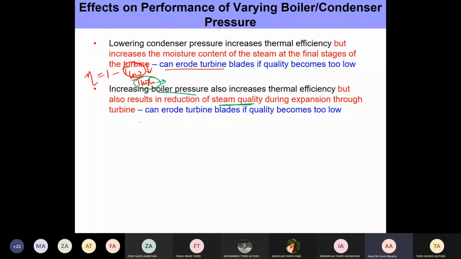We are not able to go to very high pressures where the steam quality goes below 0.6, 0.65 at the end of the expansion stage, because that can damage the turbine blades. So these are two promising solutions, but they are limited by how far up we can push the boiler pressure and how far down we can push the condenser pressure.